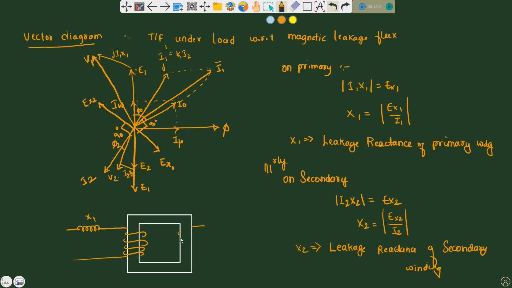On the secondary side it will be X2. So here it will be I1, E1, and due to leakage flux it will be Ex1; on the secondary side it is Ex2. Okay.